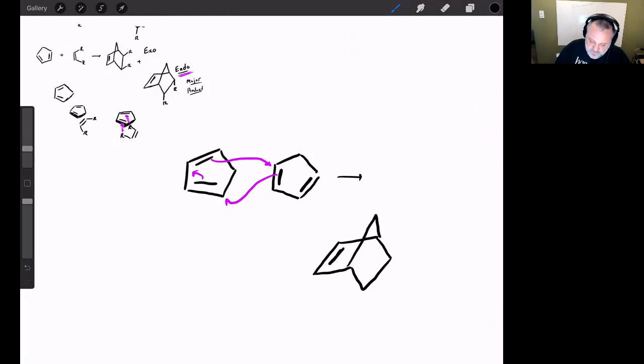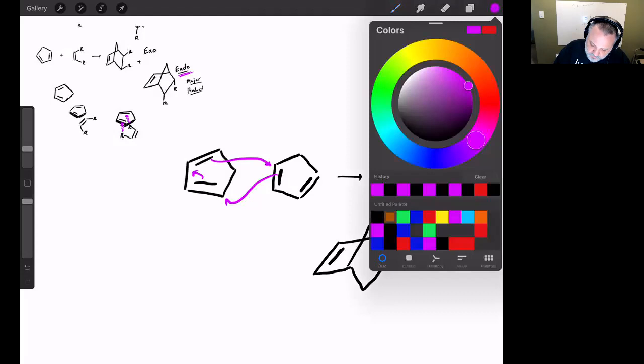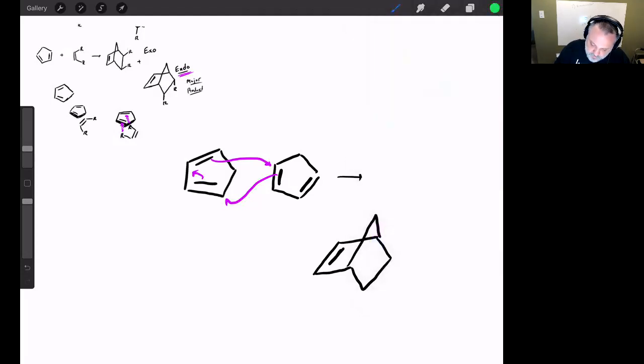Formed this thing. But what's attached to the rest of that structure where the new bonds are in purple? Here are my new bonds. What's attached to the rest of this structure that's already there? Well, I've got another 5-membered ring. And remember, there's going to be an endo preference, so it must actually be pointing somewhat down like this.